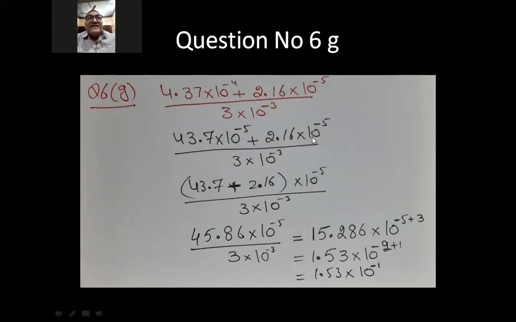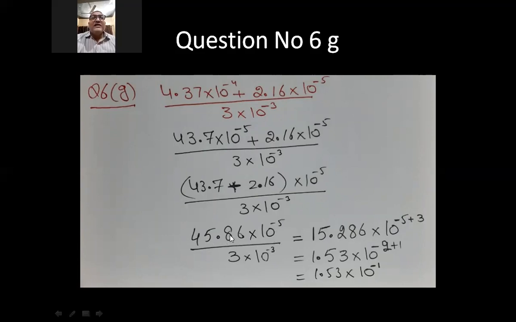So now you can see these two have the same power. So I can take 10 raised to the power minus 5 common. So inside the bracket, you are left with 43.7 plus 2.16. When you add them, that gives you 45.86 x 10 power minus 5, divided by 3 x 10 power minus 3.